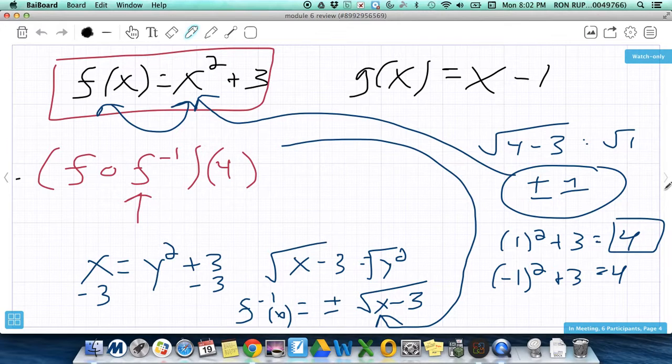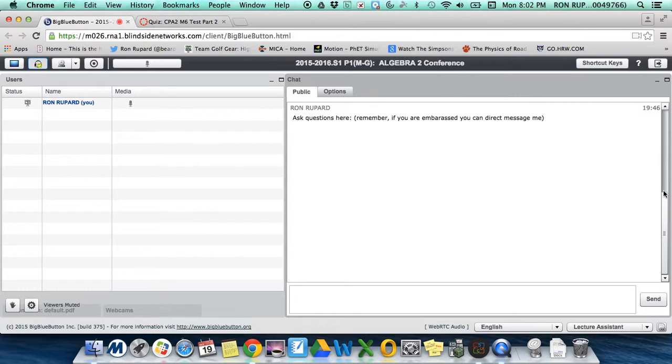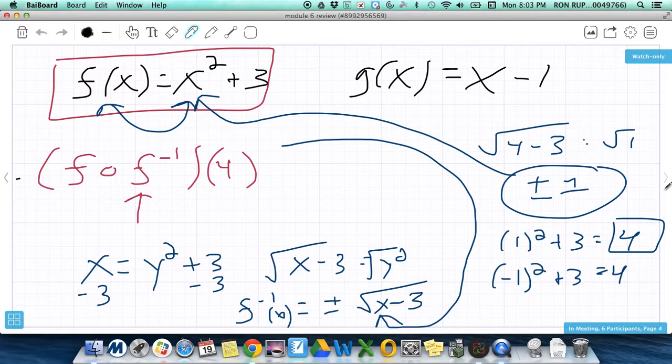Let me see if there's anybody in the conference yet. Still nobody in the conference. That's pretty frustrating because you clearly just aren't reading instructions. So let me go back to the very first page so they can see this.